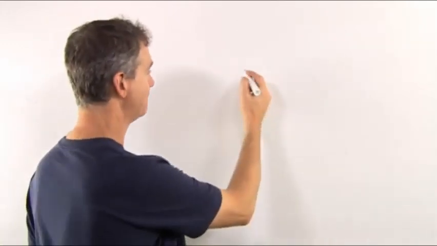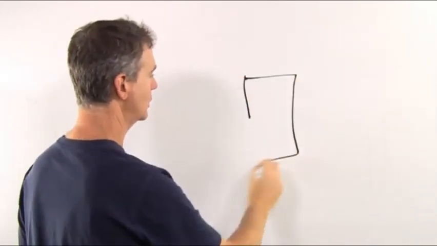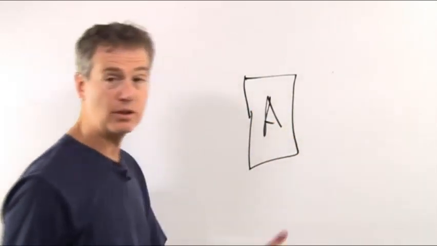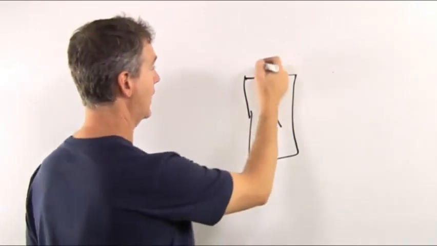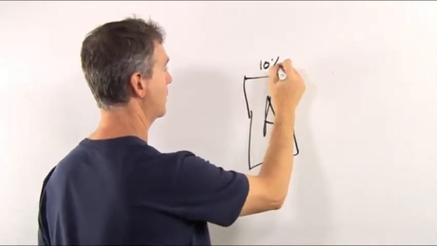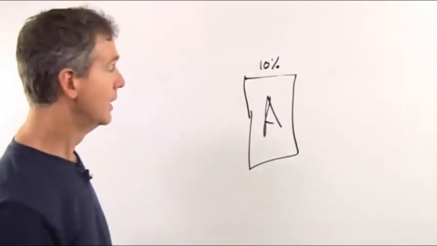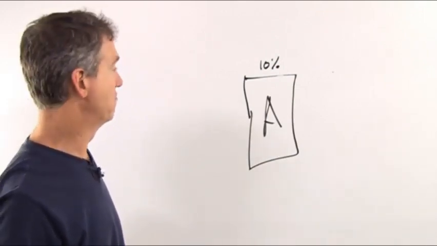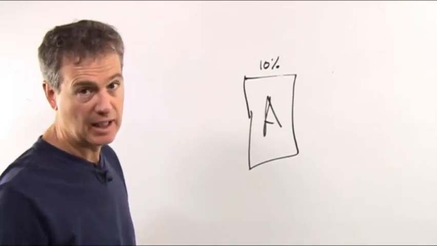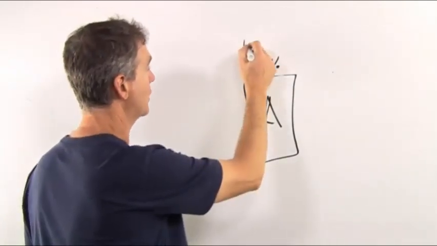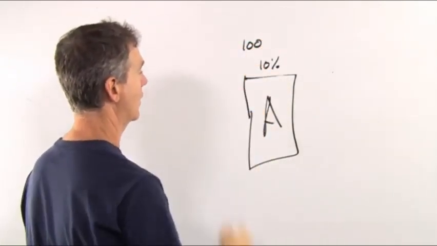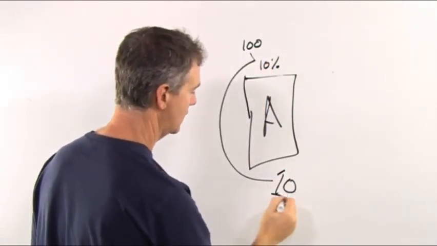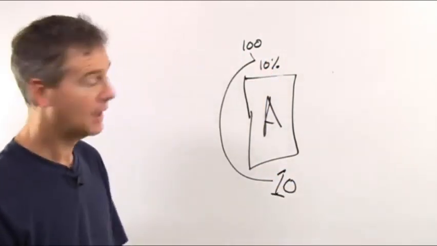Say you had squeeze page A, and you're doing just fine, okay? You're getting about 10% of the people coming to that page opting in. So let's say in a given day, you have 100 people come to that page. 100 at 10%, and you're getting 10 subscribers a day, okay?